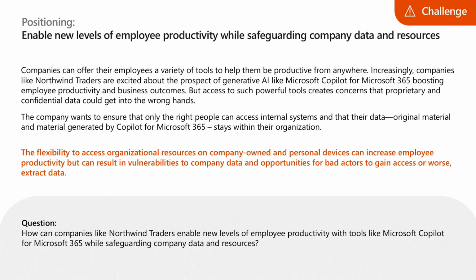So the question is, how can companies enable new levels of employee productivity with tools like Microsoft Copilot for Microsoft 365 while safeguarding company data and resources? I'm going to give you a couple of seconds to think about it, and if you want, you can type in the chat.